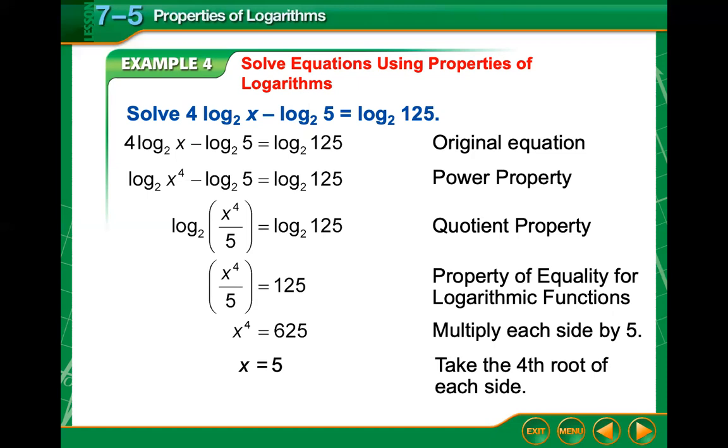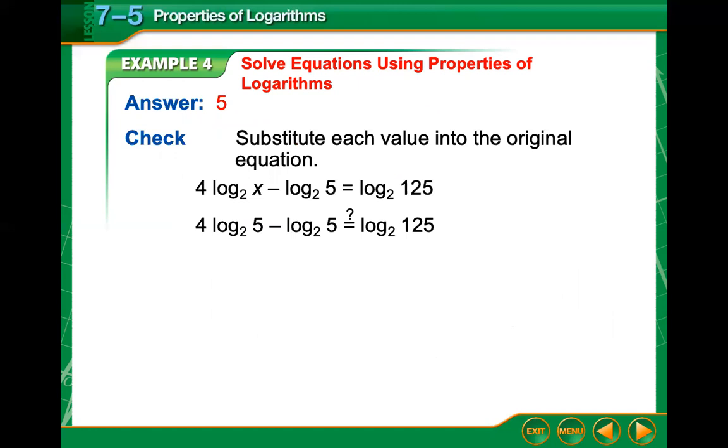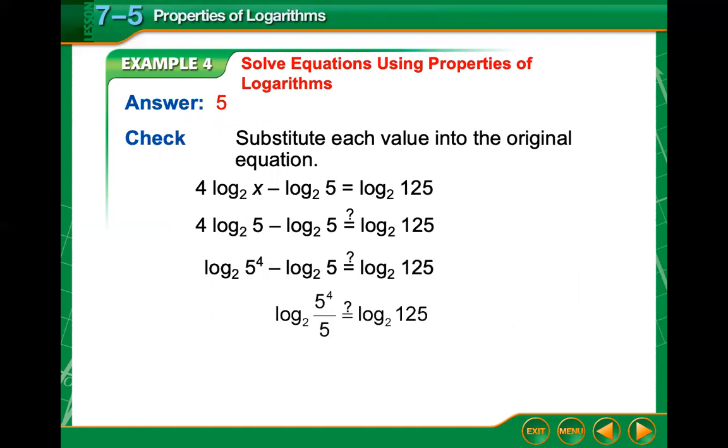We do have a secondary or extraneous solution, which would be negative 5, but you can't take a logarithm of a negative number, so we just take the positive root. You could substitute this in and check, and yes, you'd find that it works.